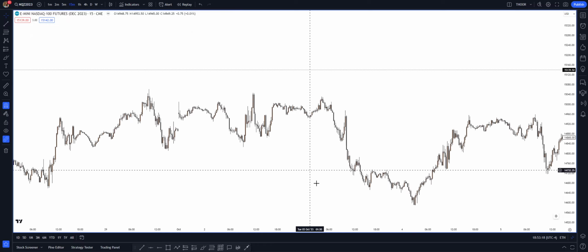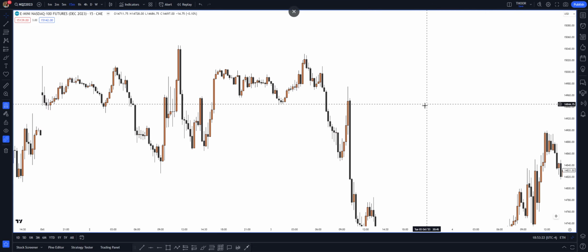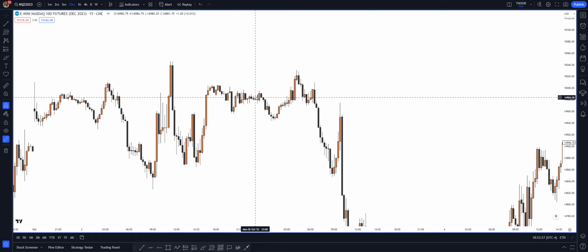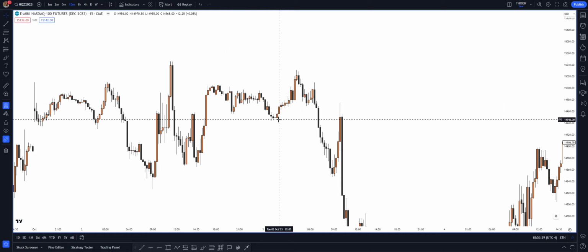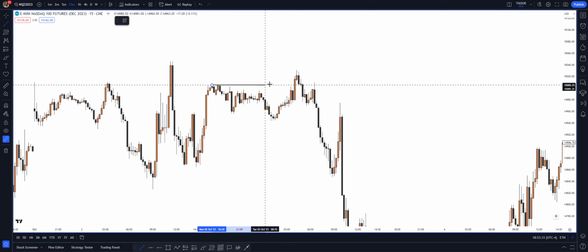So in this case, let's take a look at this price action here. Here we have an Asia range and then London price action. It runs for the buy side liquidity.